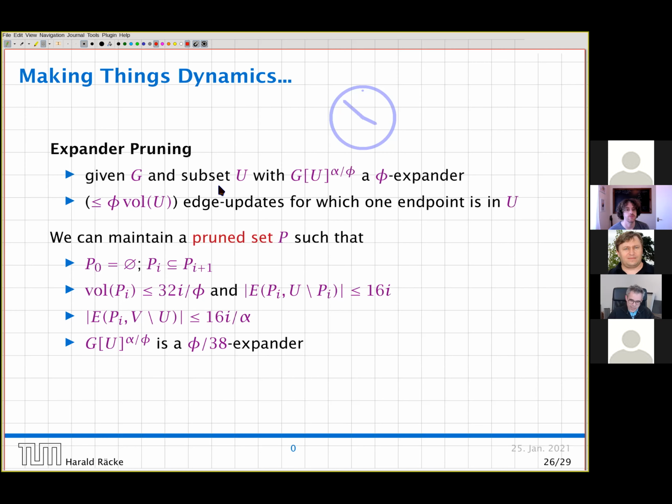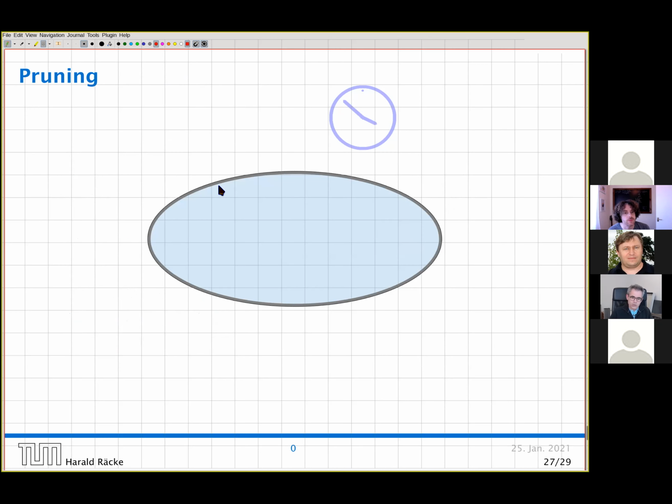So you have an expander in this expander decomposition, and now you get edge deletions. An edge is deleted, another edge is deleted, another edge is deleted. So now it may actually not be an expander anymore.